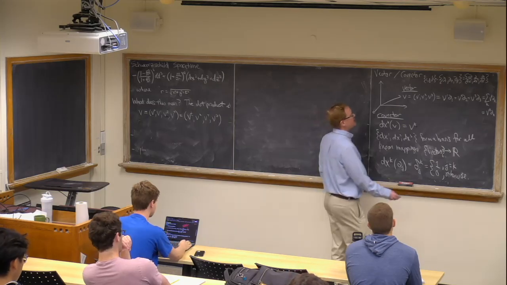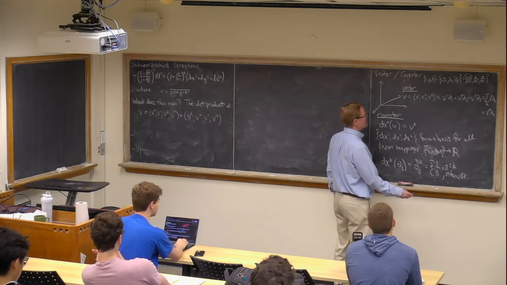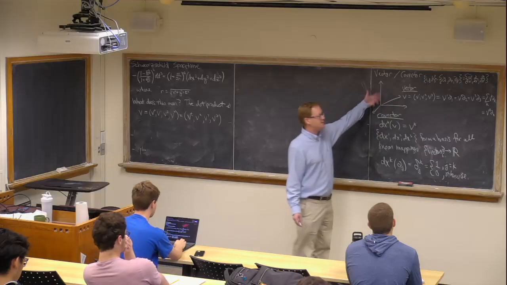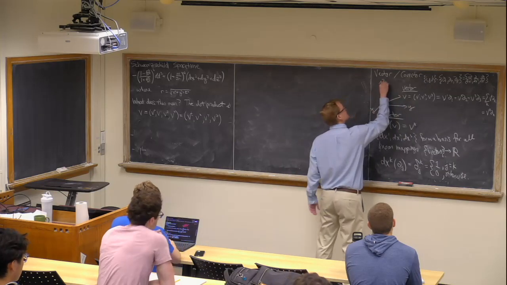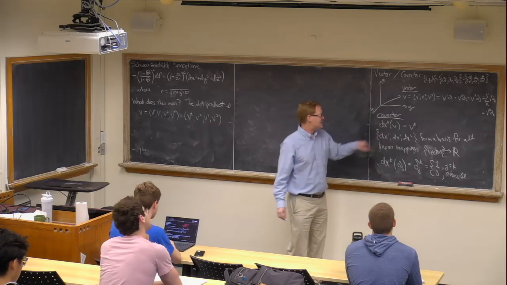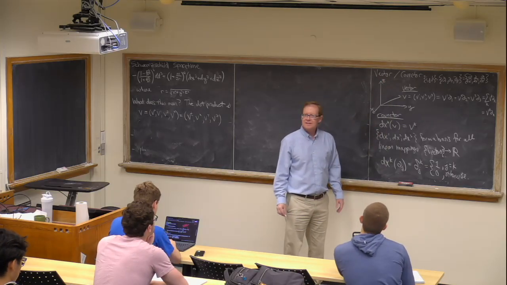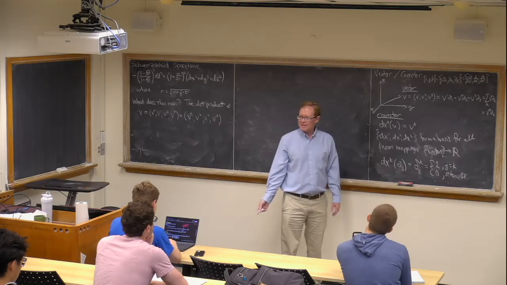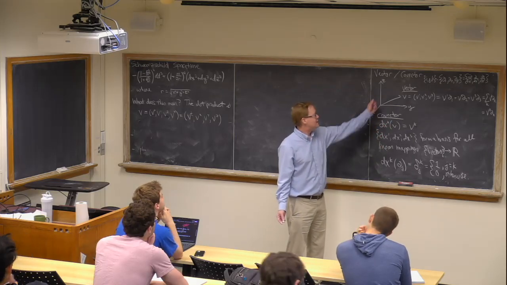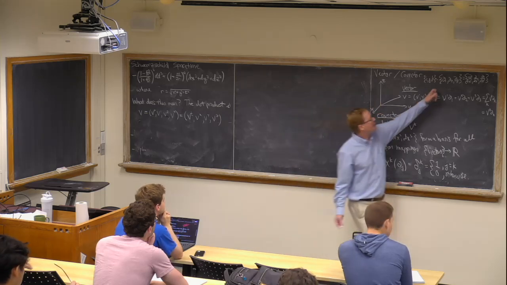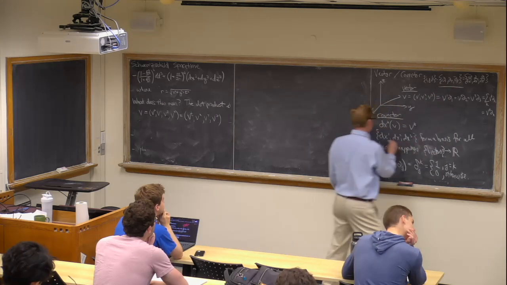Y'all see how the set of all possible vectors is a three-dimensional vector space in the example I've drawn, right? You have x, y, and z here. But then the set of all possible linear mappings is also a three-dimensional vector space, right? I'm not going to draw it, but instead of i, j, and k as your basis, you have this as your basis.